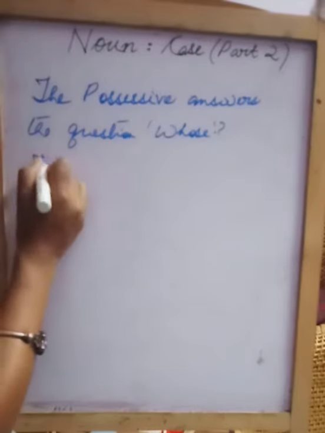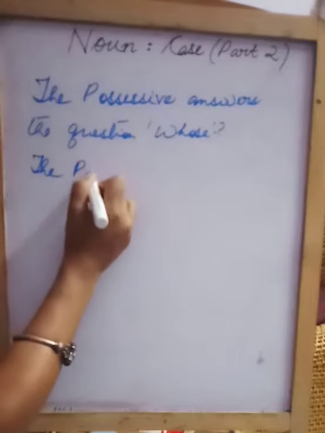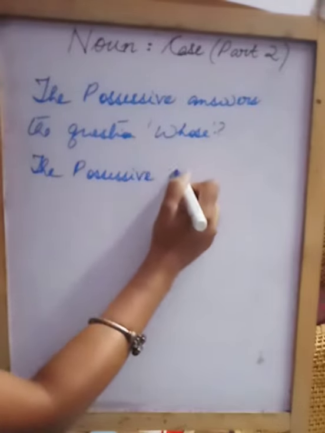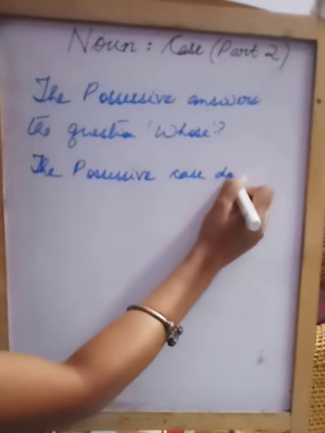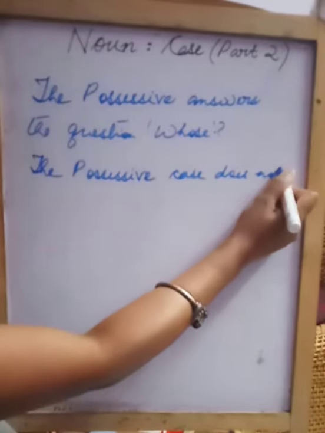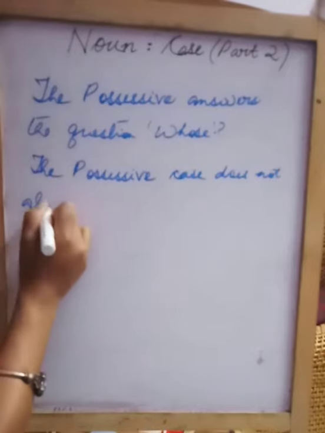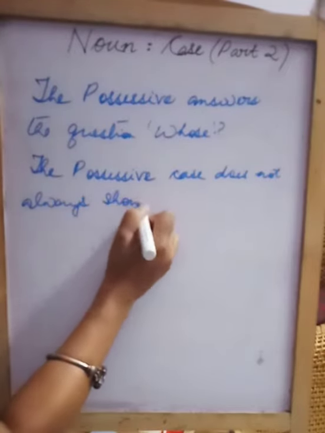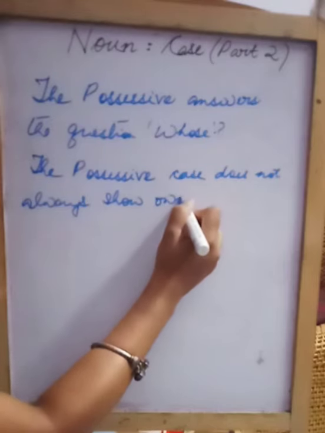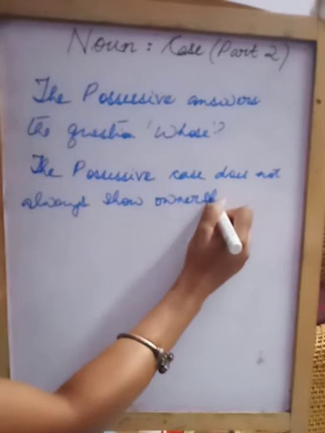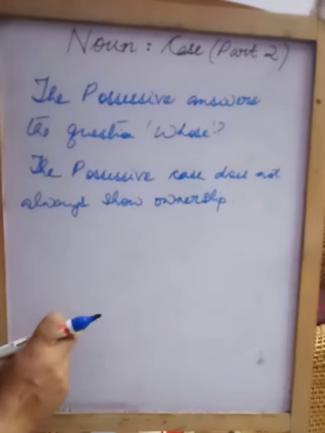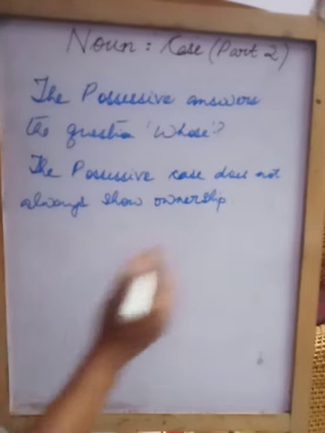So the possessive case does not always show ownership. It means when we add apostrophe s to a noun, it is not necessary that it will always show ownership or possession. It can show what else?